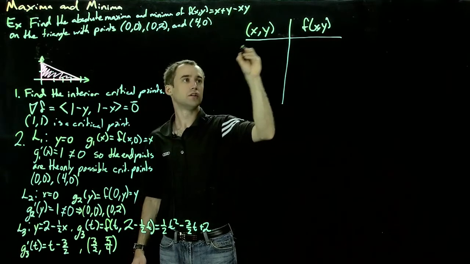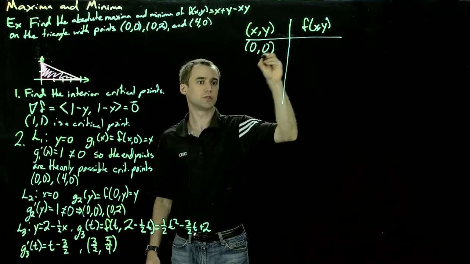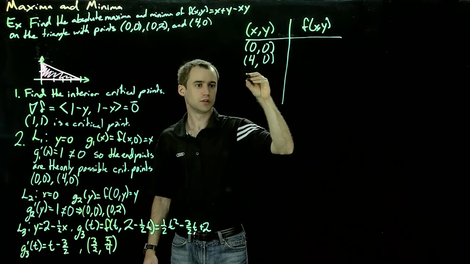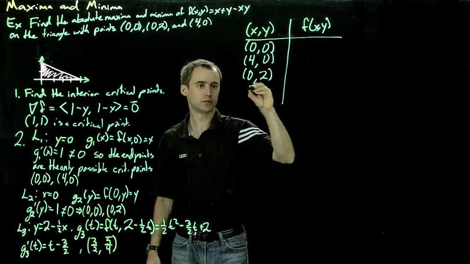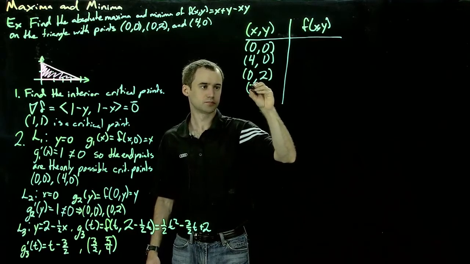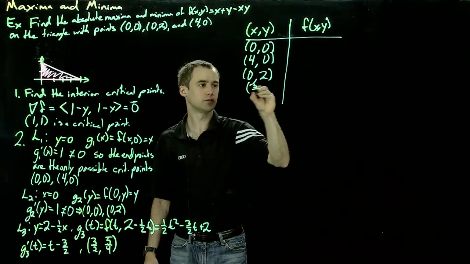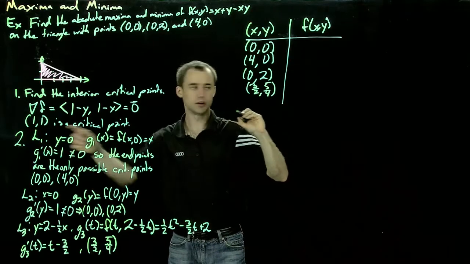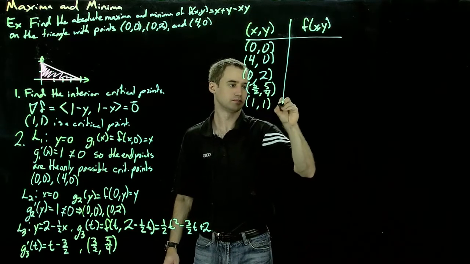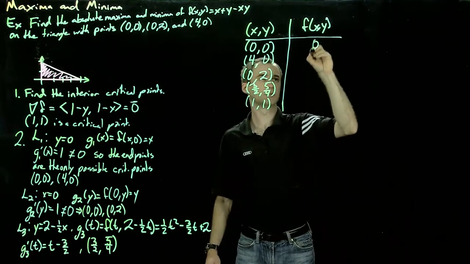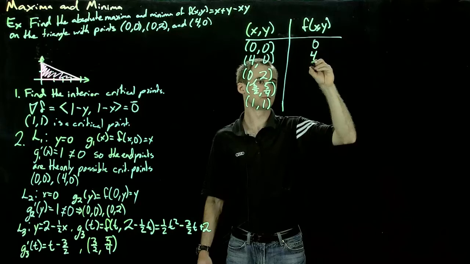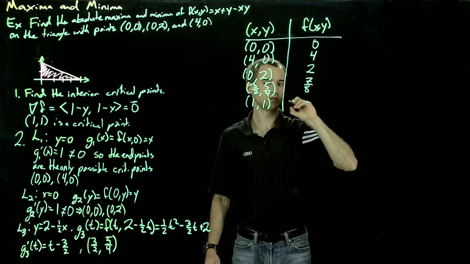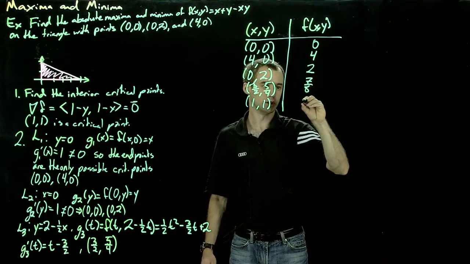So this is (0, 0), (4, 0), (0, 2), (3/2, 5/4), and lastly our (1, 1). Computing these, we have 0, 4, 2, 7/8, and 1.